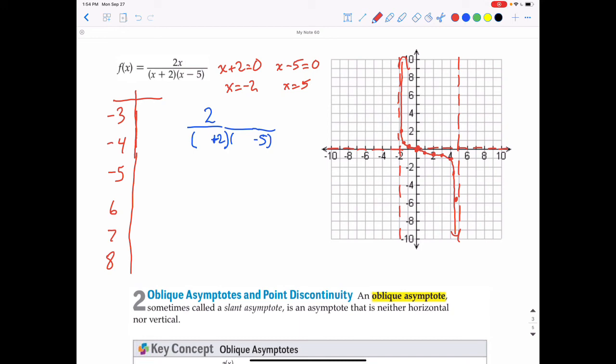So again, we'll plug those numbers in for x. So that could be 2 times negative 3 over negative 3 plus 2 times negative 3 minus 5. So that would be negative 6 over negative 1 times negative 8, which would be negative 6 over positive 8, and that is negative 3/4.